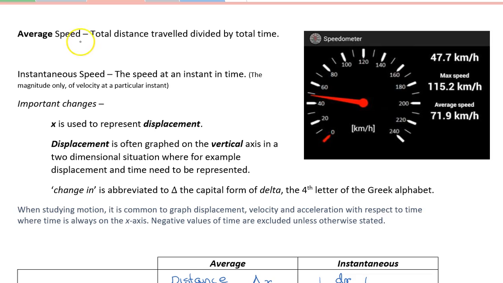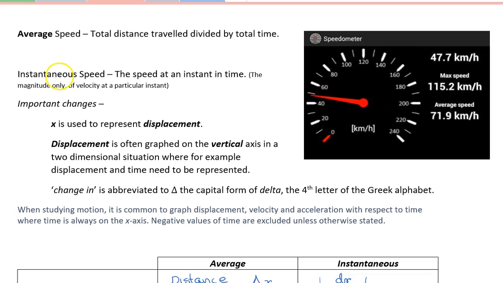Now on to some terms you would be familiar with. Average speed is the total distance travelled divided by the total time. Now you've used that formula for a long, long time. So we then talk about the instantaneous speed. We know that we could have an average speed. Between home and school, we would end up with an average speed.